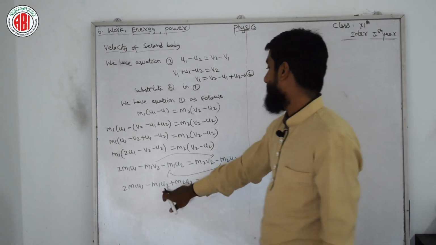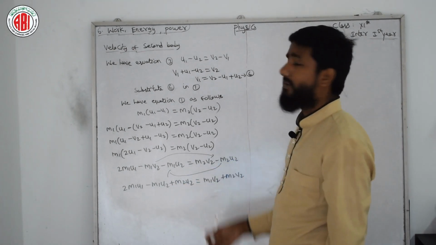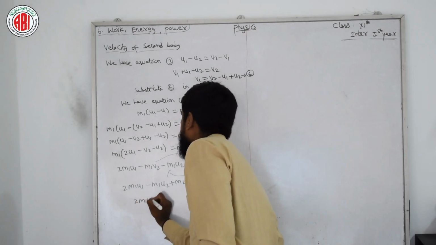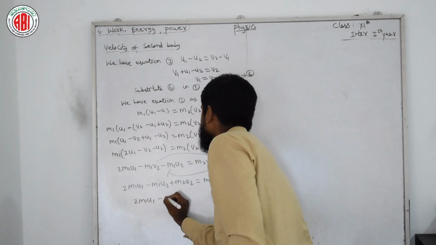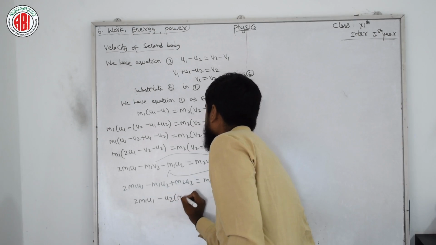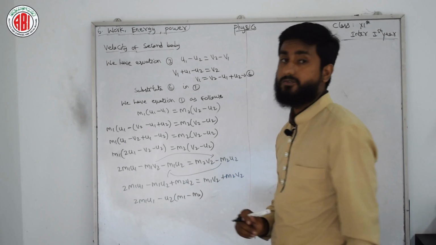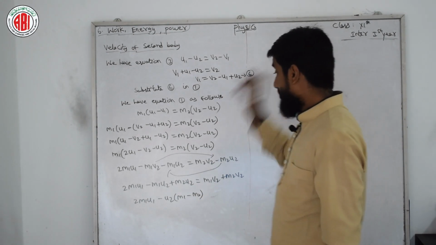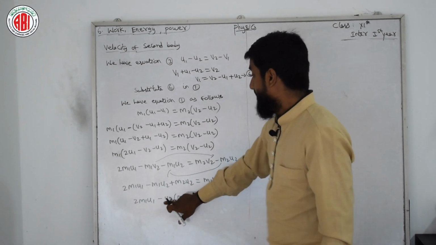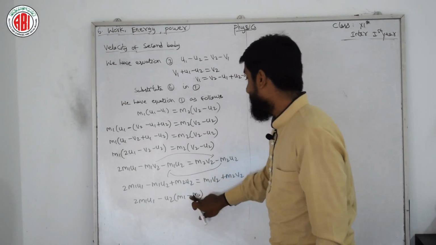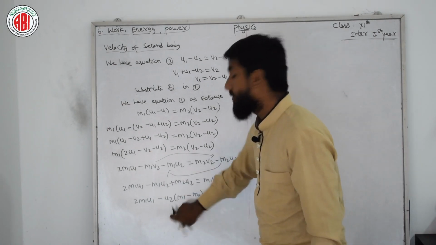Now from here you can take u2 common, and from here you can take v2 common, so it will become 2 m1 u1 minus u2 times m1 minus m2. Why m1 minus m2 here? Because if I open the bracket with this minus u2 into m1 minus m1 u2, here minus into minus is plus, it will be m2 u2.